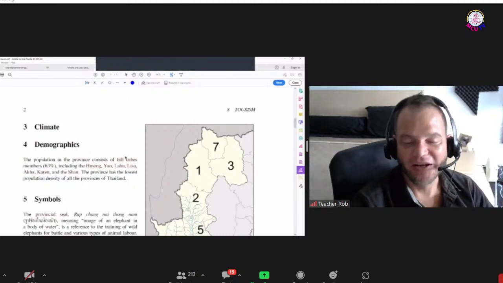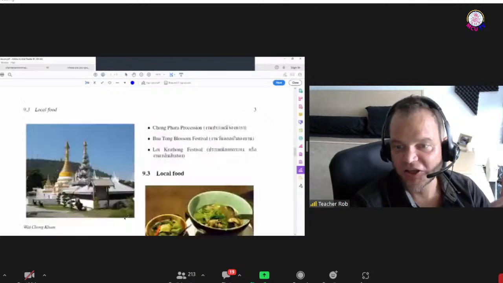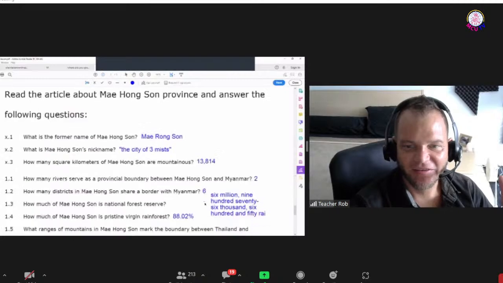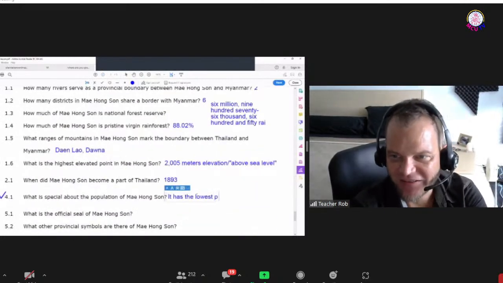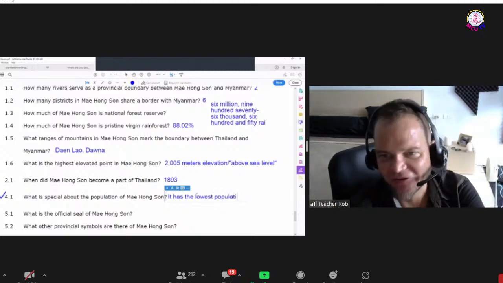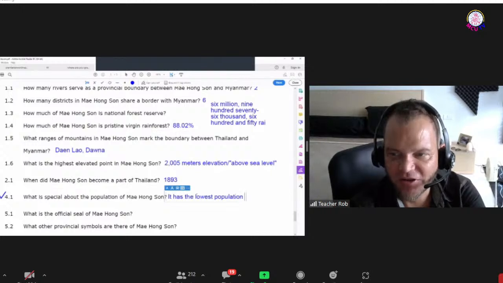It is kind of unique that 63% of it is hill tribes. But what they want us to say, what makes it unique in all of Thailand, is it has the lowest population density.